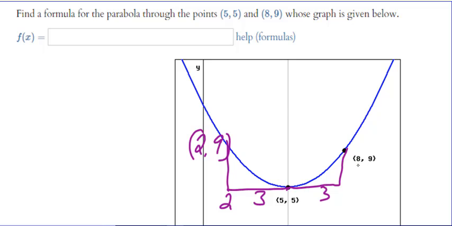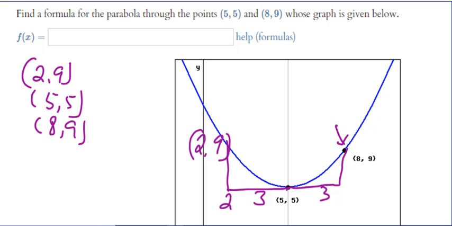It has to be the same y value as this point over here, but 3 units to the left of 5, 5. Okay, so let's write our points out: 2, 9, 5, 5, and 8, 9.